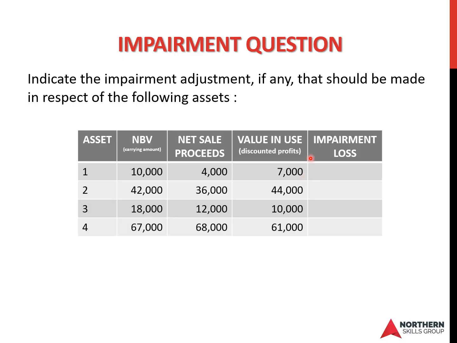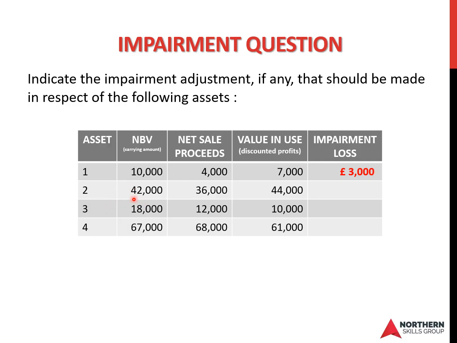And the maximum future benefit in this case is going to be if we keep it and use it, which is going to generate £7,000 of profits. So that's the maximum future benefit. We can't show the asset at more than that figure, so we need to write it down by £3,000. That will be written off as an impairment loss. And then do remember we'll need to recalculate depreciation from this point onwards as well.